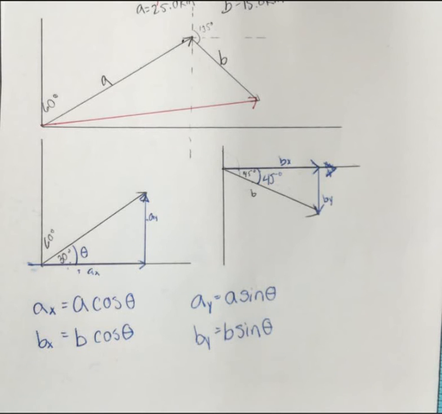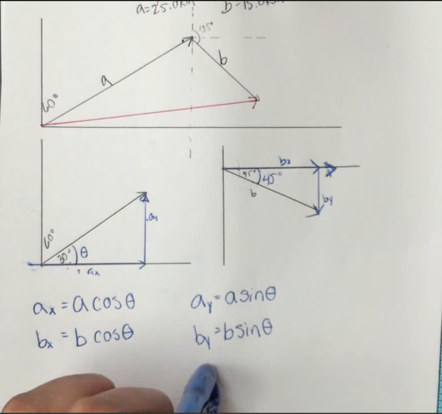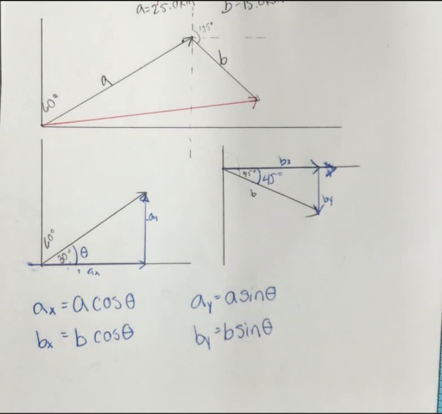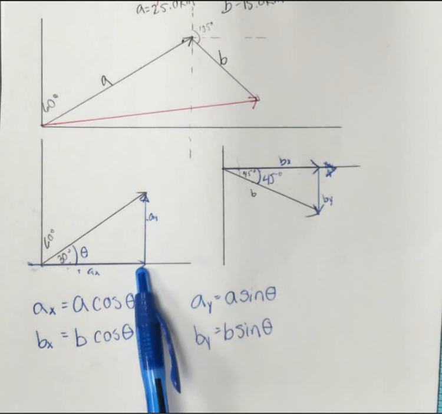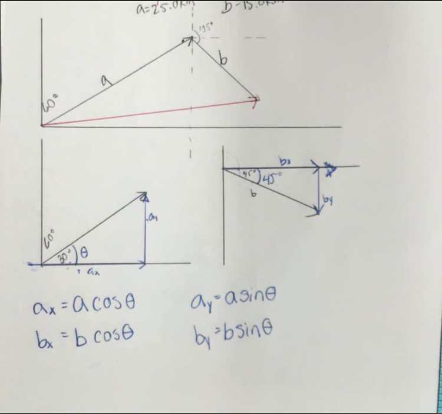When we do this vector addition, we can only add together x's to x's and y's to y's because they're not in the same direction. So that means that we will have to find the resultant x value vectors and the resultant y value vectors and use Pythagorean's theorem in order to find the total resultant vector that we want to solve for.